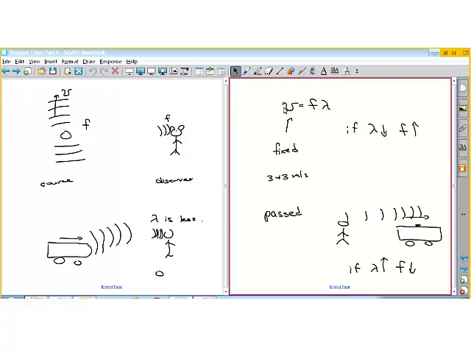Because the air has not changed, the wave speed stays the same. So when you decrease the wavelength, the frequency goes up. You can think about waves coming out and getting smushed, which means they're close together. A smaller lambda means a larger frequency, so that the velocity stays the same. That's the basic idea.